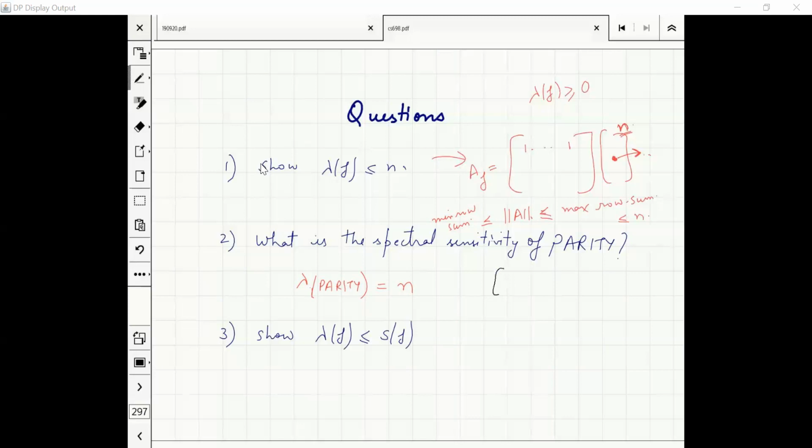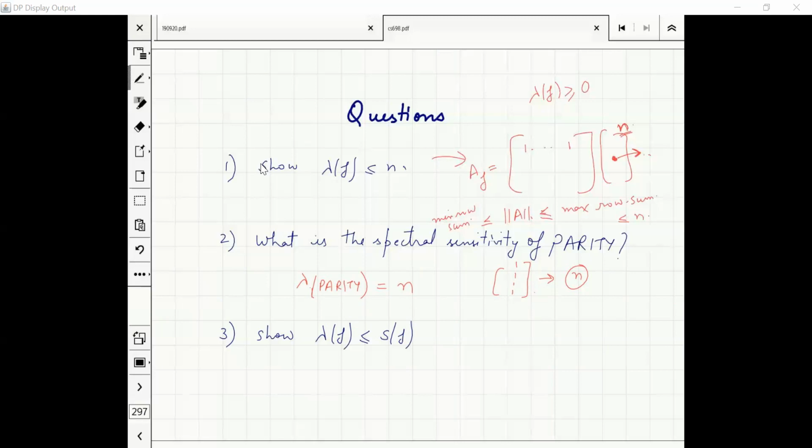And you can actually check it very easily. Just take the all-ones vector. That will be an eigenvector with eigenvalue n. Okay, that's a simple proof. Actually, this is true for any regular graph. For any regular graph, its highest eigenvalue is the degree of the graph.